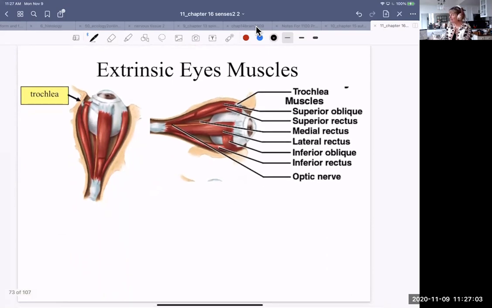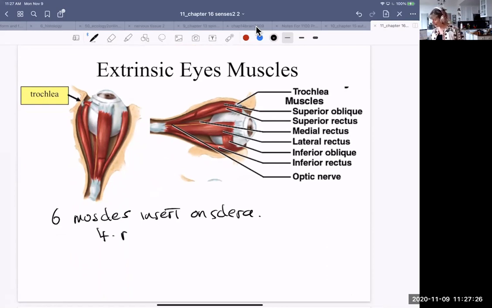The eye muscles are attached to the sclera, the outer tunic of the eye. There are 6 muscles that insert on the sclera, that's the external surface of the eyeball. 4 are rectus muscles, and they move the eye up and down and left and right.